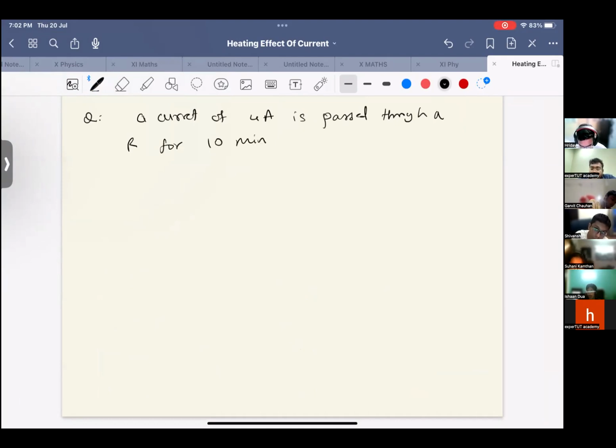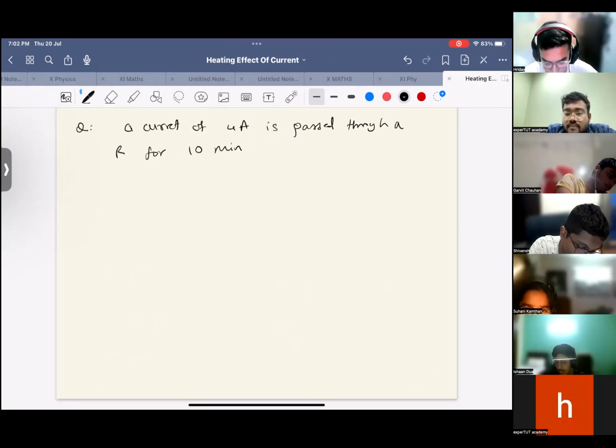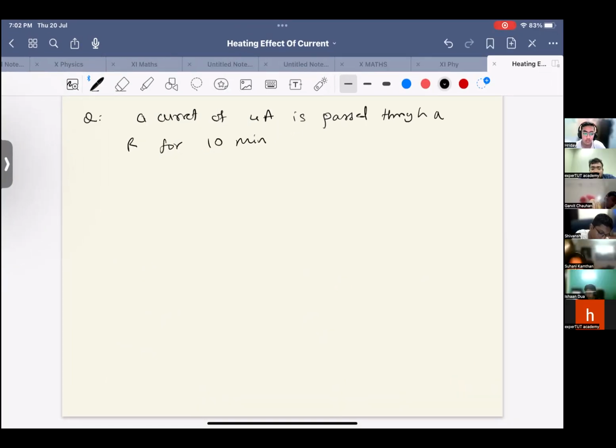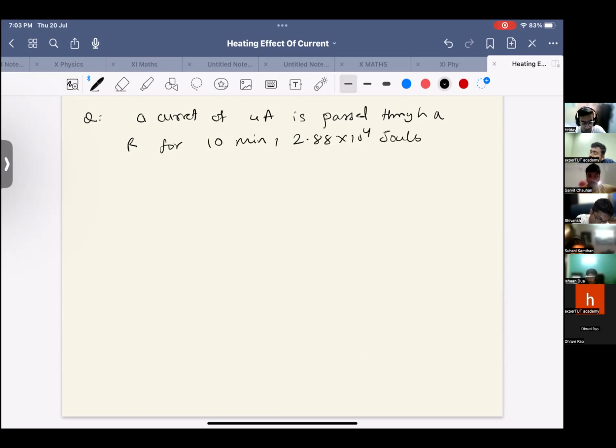Everything should be in SI units. So a resistor for 10 minutes, and 2.88 into 10 power 4 joules of heat is produced.